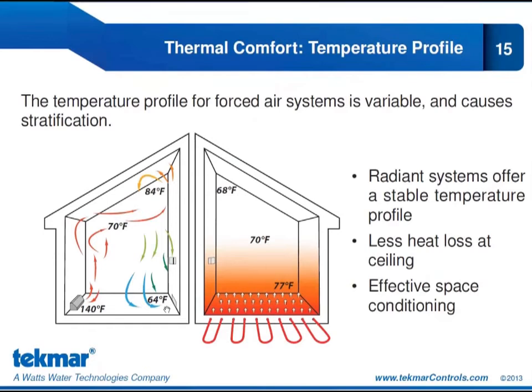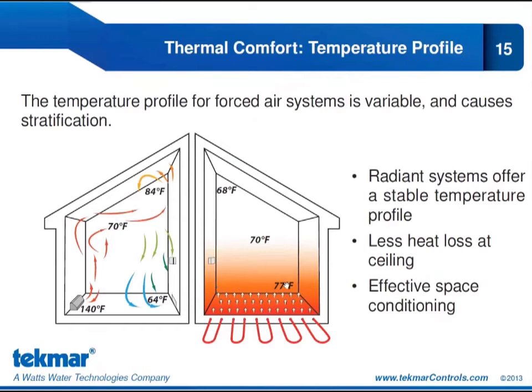So you can see we have a stratified air system where the hottest air is going to be close to the ceiling, and as we move down, the air temperature will get colder. It also means we're going to have the greatest heat loss at the ceiling, which we of course want to avoid. If I compare that with a radiant system, I have a very stable temperature profile.